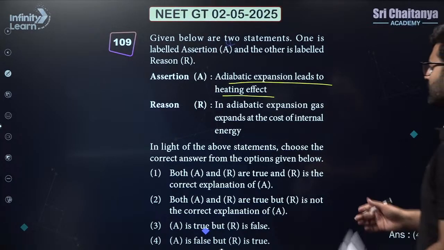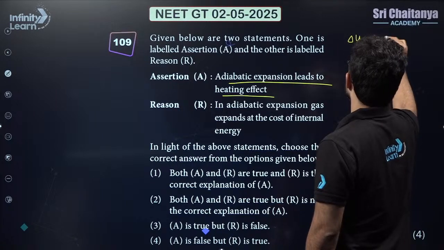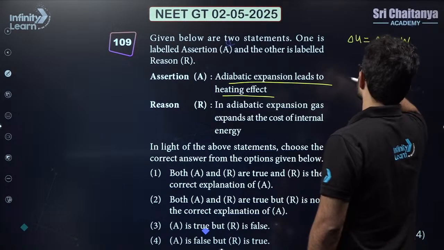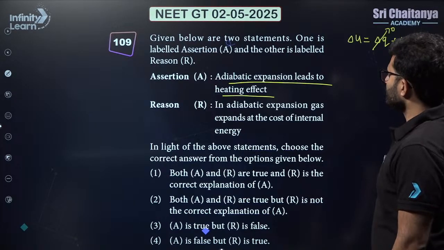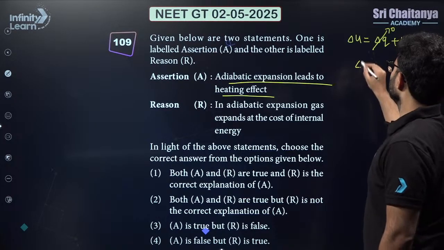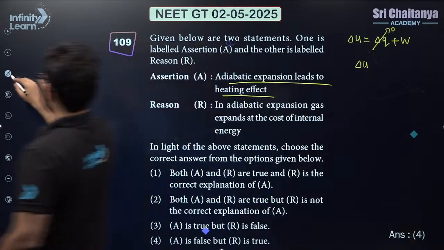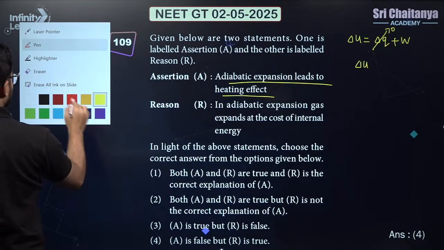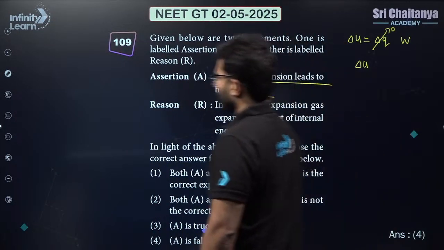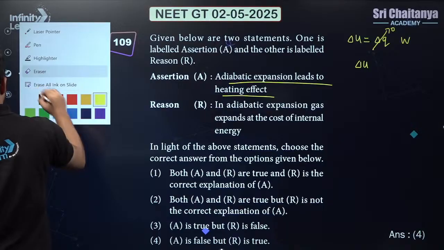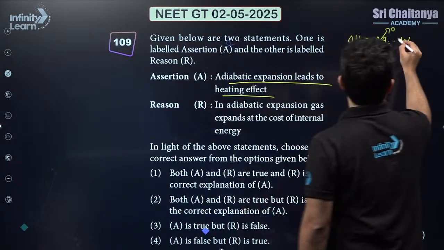Is that true? So from first law of thermodynamics, you know that delta U is equal to delta Q plus W, right? In adiabatic process, there is no heat exchange, correct? There is no heat exchange. So delta U, sorry, this is not plus, this is minus. Right?